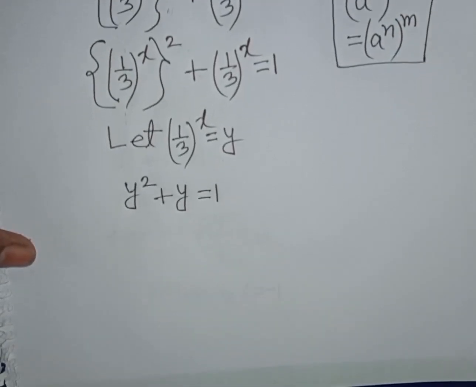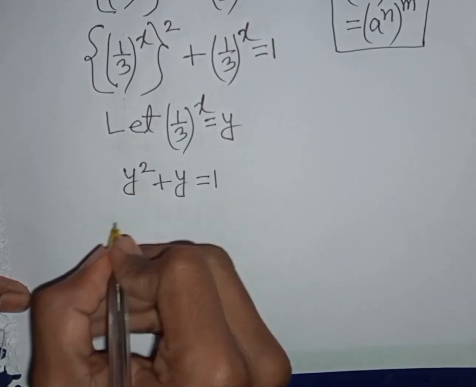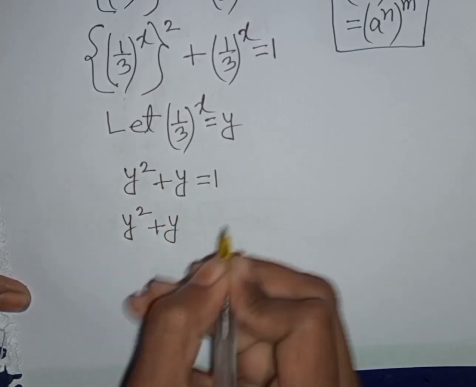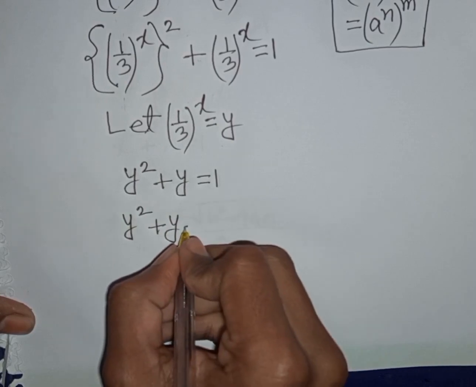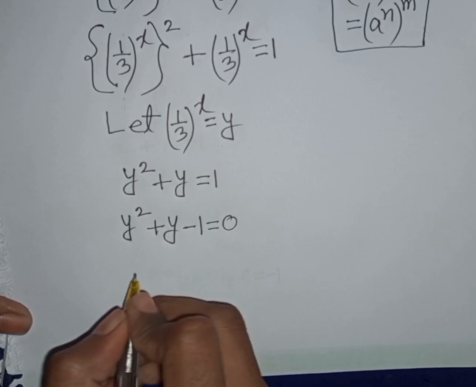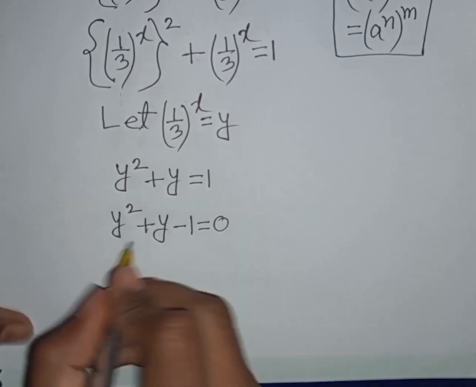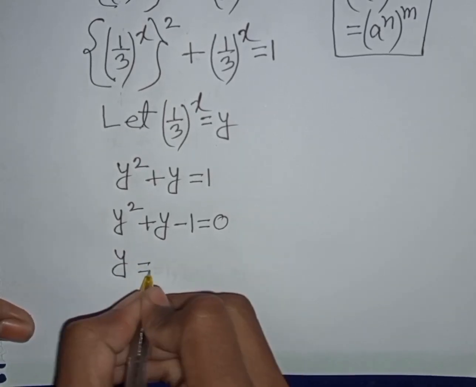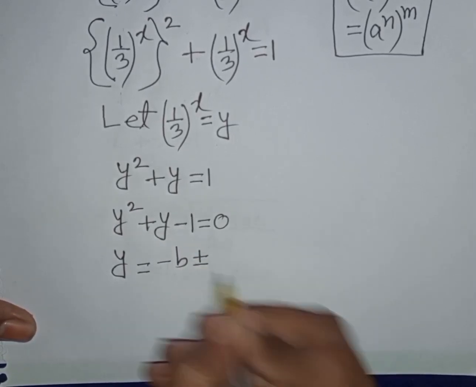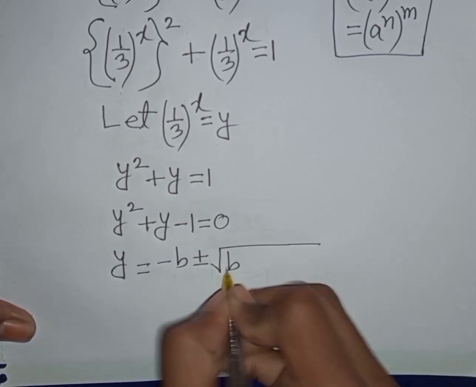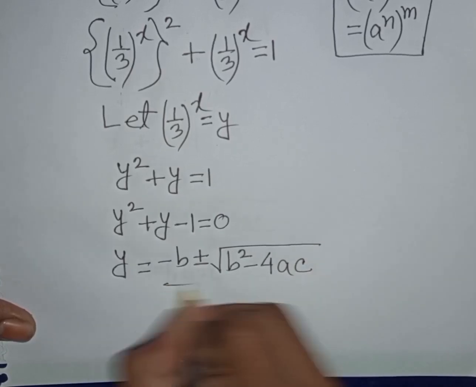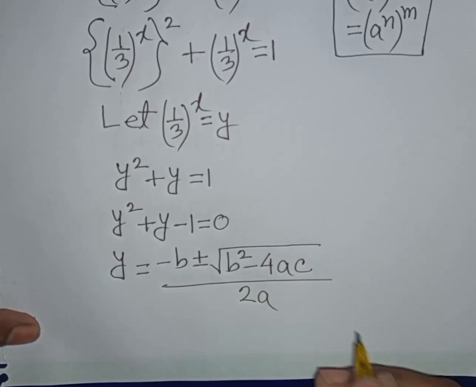Now we can write here y square plus y, then this plus 1 taken to the left side will be minus 1, is equal to 0. Now here I can apply the quadratic formula, so I can write y is equal to minus b plus or minus square root of b square minus 4ac divided by 2a.